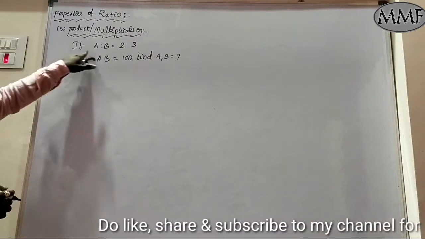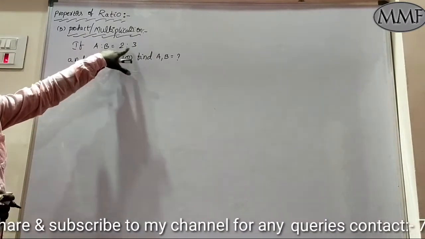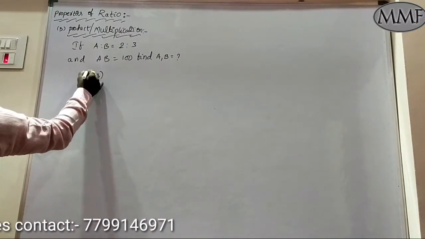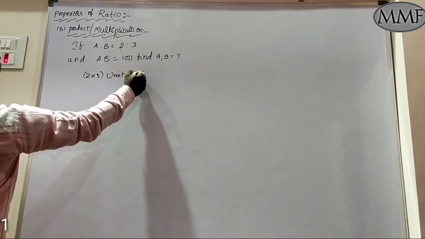How will it be? What is the A value? It is 2. What is the B value? It is 3. That is 2 into 3 units is nothing but 100.